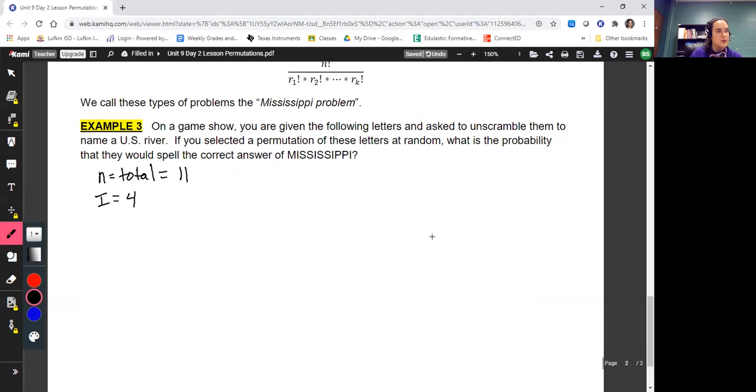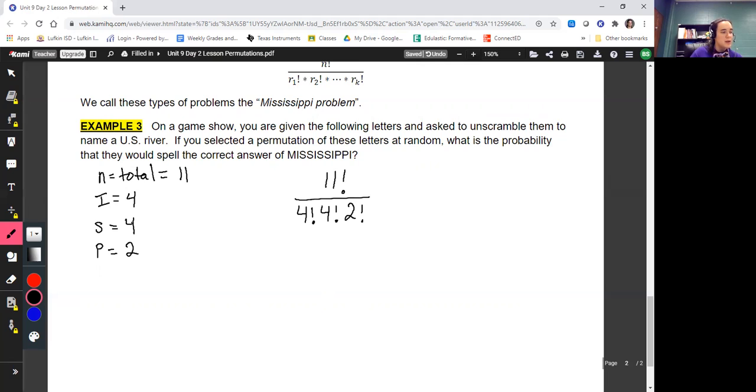S, we see 1, 2, 3, 4 times. And we see P twice. So we take our total number n, which is 11 factorial, over all of our repeats factorial multiplied together. And so 4 factorial times 4 factorial times 2 factorial.